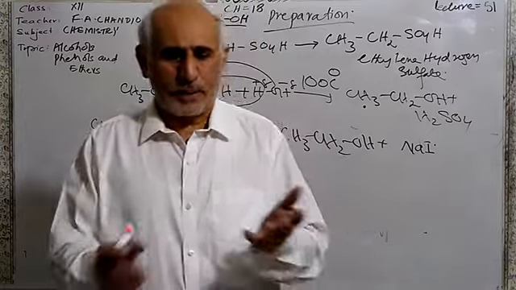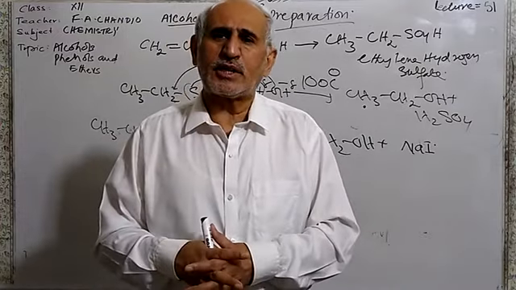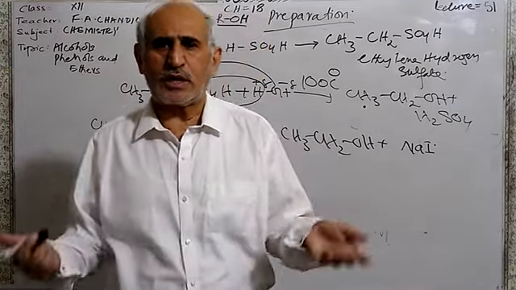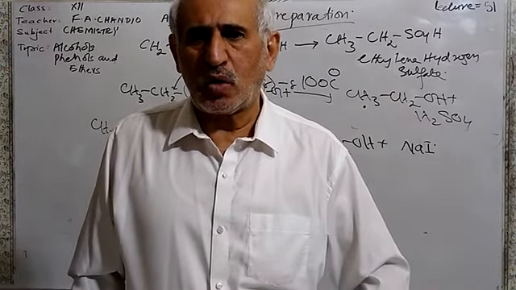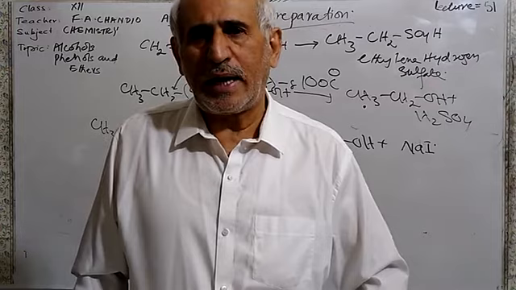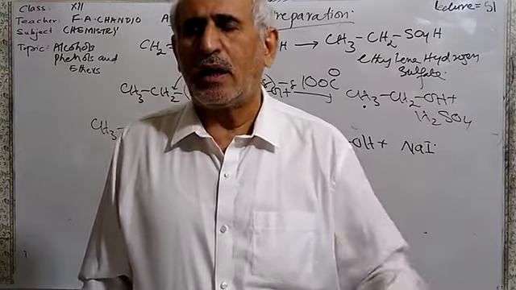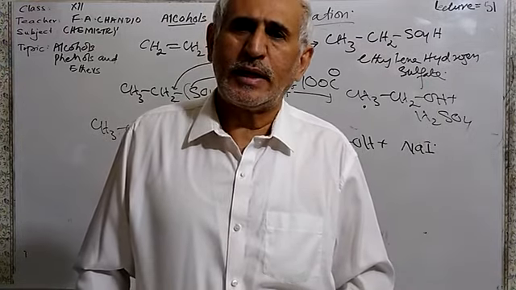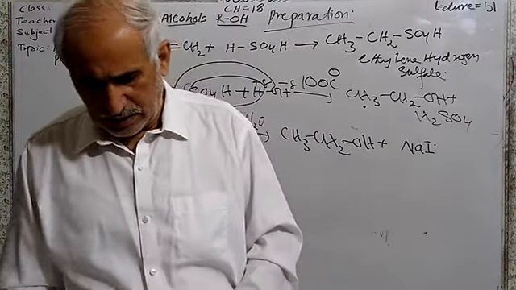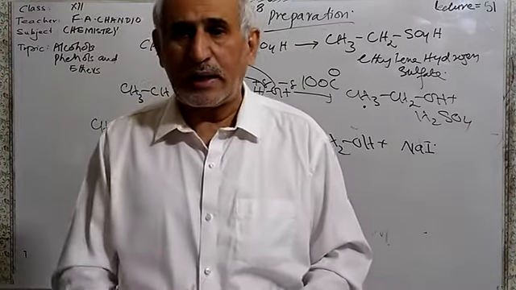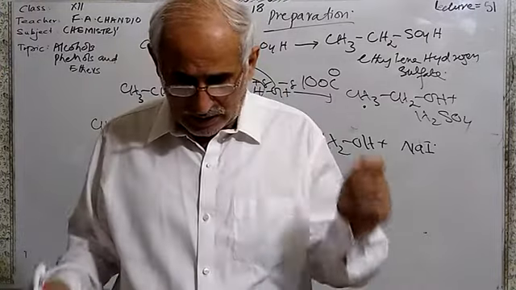With these we prepare primary, secondary and tertiary alcohols. In the previous lecture, formaldehyde gives the primary alcohol, an aldehyde with an alkyl group gives a secondary alcohol, and ketones give tertiary alcohols. We did this in the previous sections.